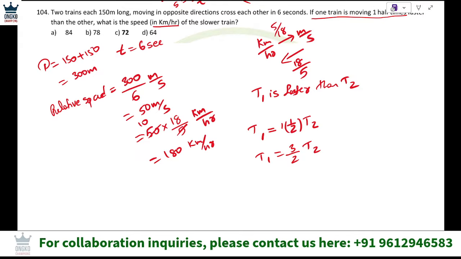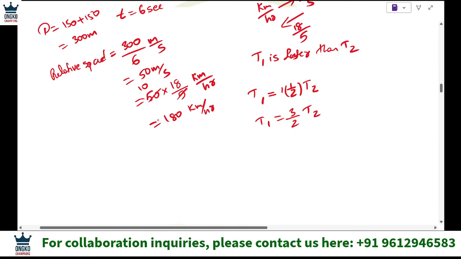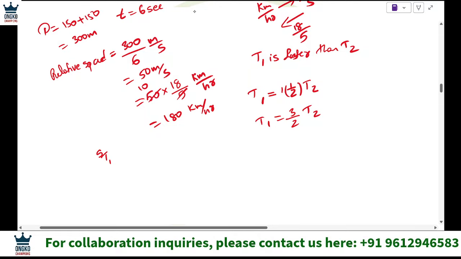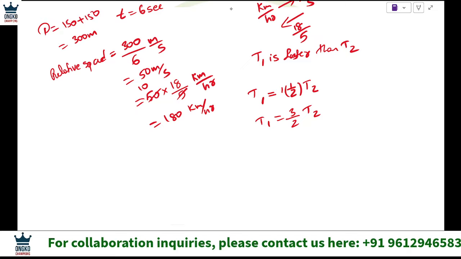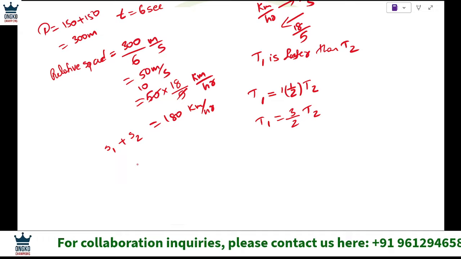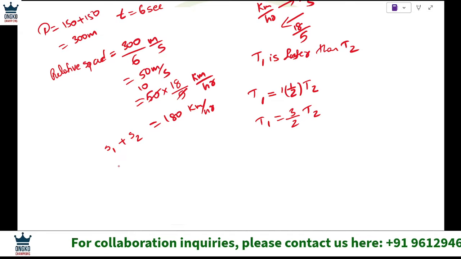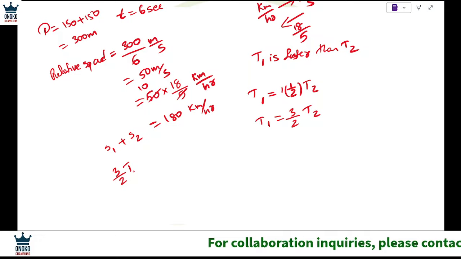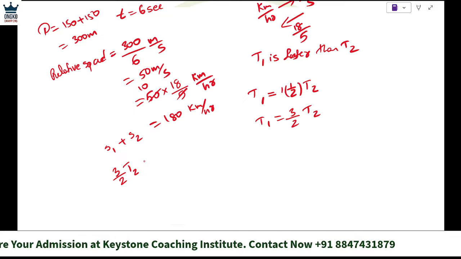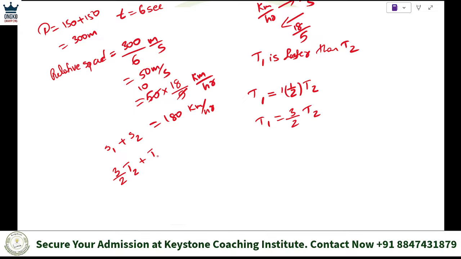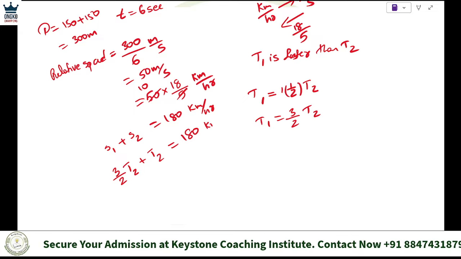Now the relative speed means we add the speeds of the two trains. Speed 1 is for train 1 and speed 2 is for train 2, so speed 1 plus speed 2. Speed 1 is faster, so it will be 3 by 2 times train 2's speed, and the next one is t2, is equal to 180 kilometers per hour.